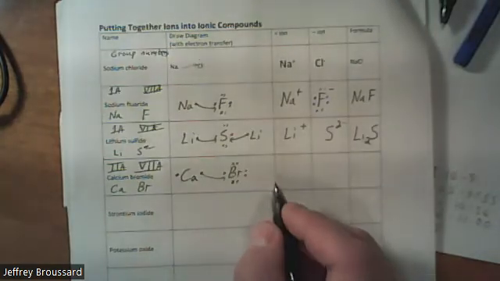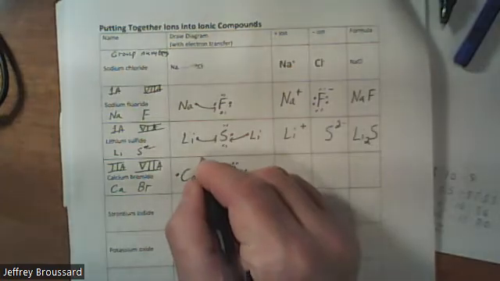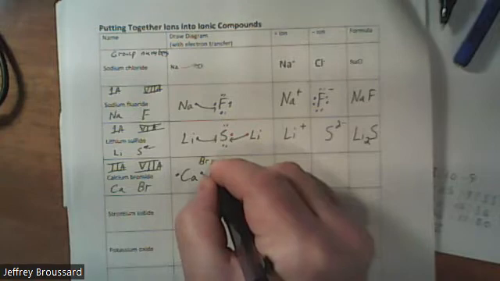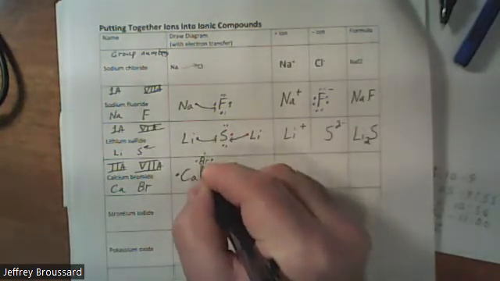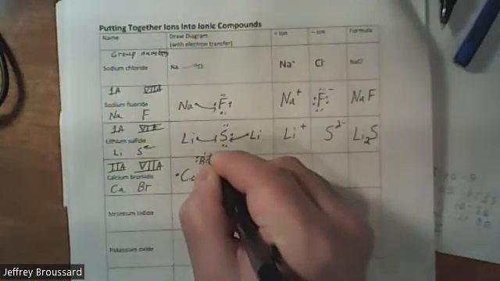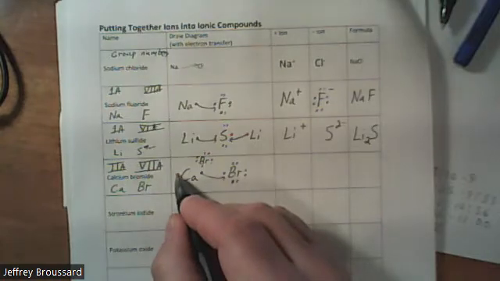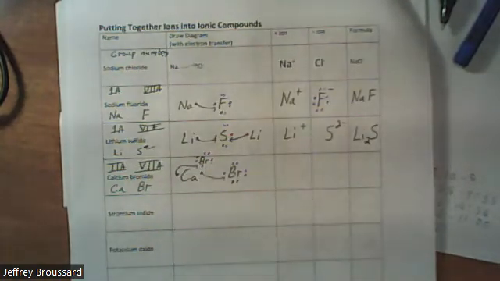So we're actually going to need another bromine. So I'm going to go ahead and write 1 more bromine right here. I'm going to go 1, 2, 3, 4, 5, 6, 7. So now I have this other bromine here, and this electron is going to go to that bromine.